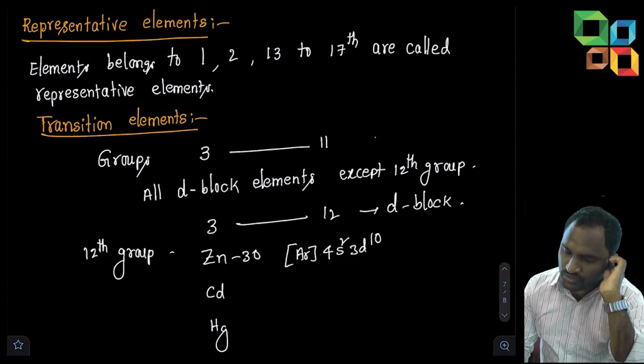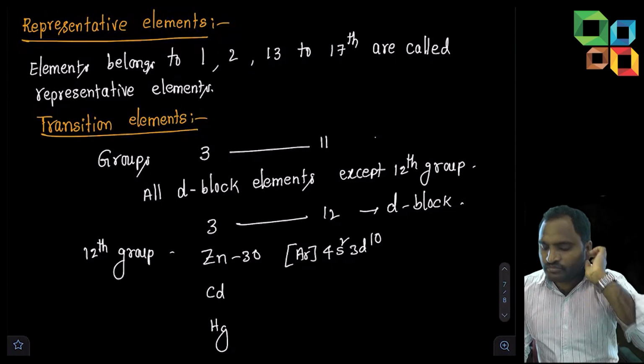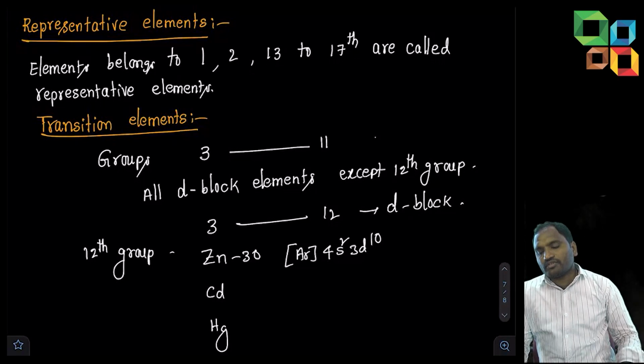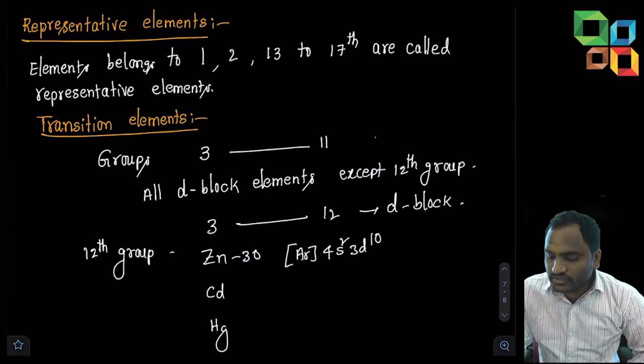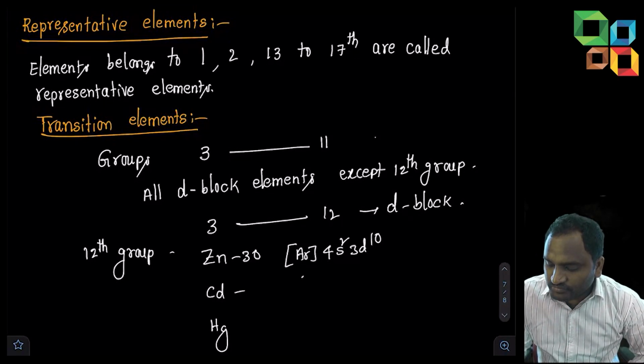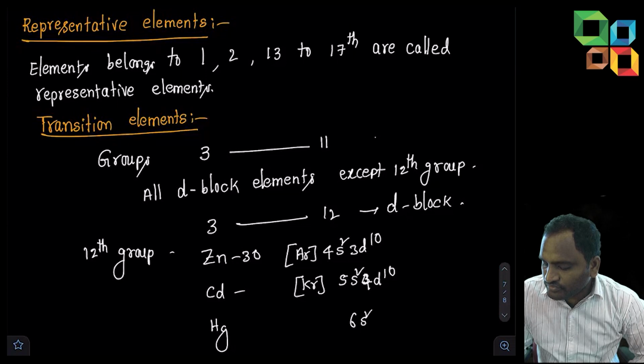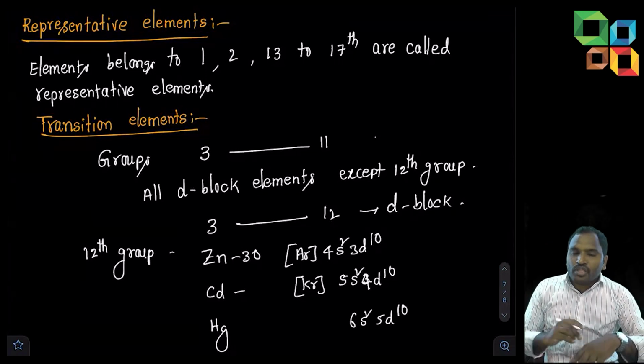Up to argon 18 electrons, then 4s2 3d10. Next, cadmium: after argon, krypton will come, 5s2 4d10. Next will be mercury 6s2 5d10. What did you observe, students, in this?